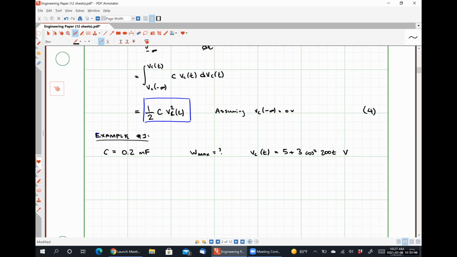All right. So we could, if we were so inclined, substitute this voltage VC of t into this equation, where we'd come up with a very gnarly and ugly looking mathematical expression for what's going on here, right?